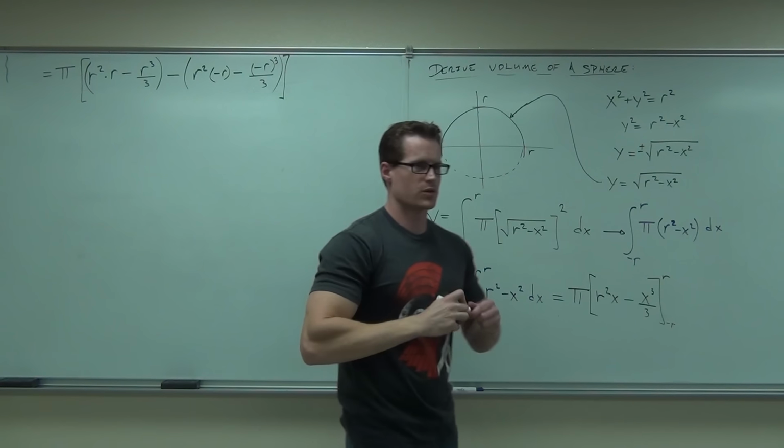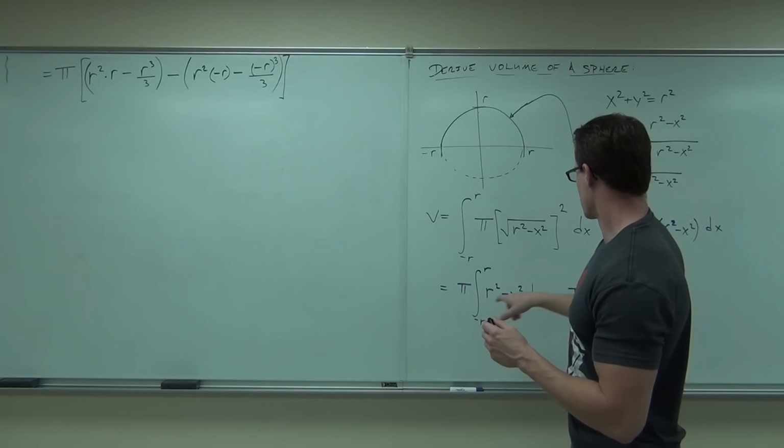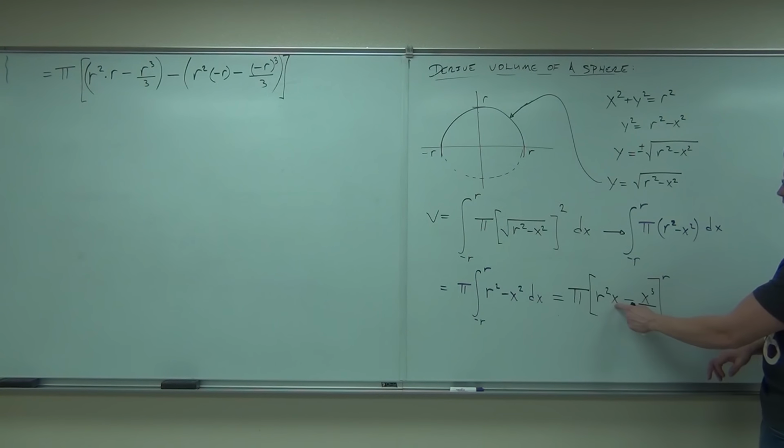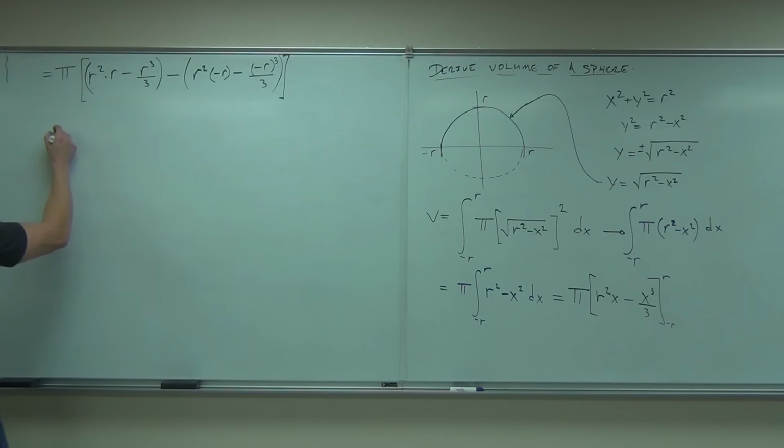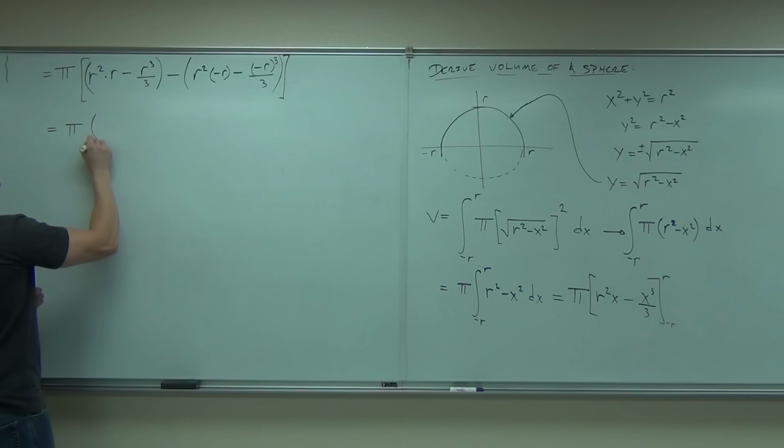Are you okay on where all those things are coming from? We've got our r squared r here, and then r cubed over 3, no problem. Then subtract the whole thing, r squared negative r minus negative r cubed over 3. Now be very careful with the signs, don't lose anything, don't mess anything up. That's the real key with these definite integrals.